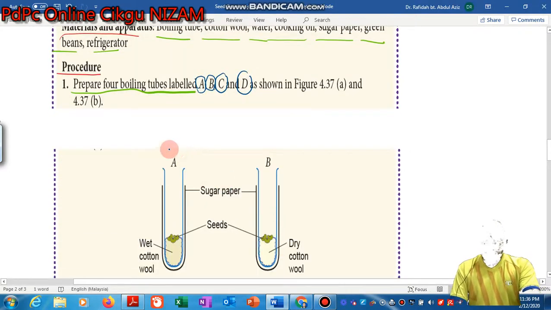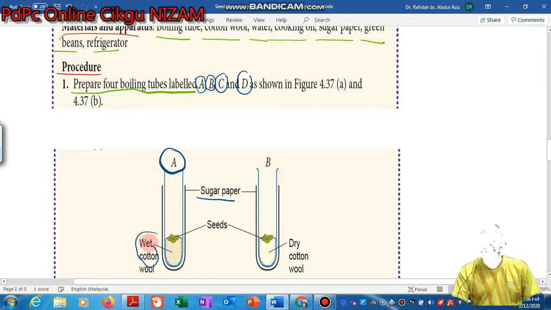So the first one, boiling tube A. Okay, what is the condition for this boiling tube? All the boiling tubes will be covered with sugar pepper. Okay, this sugar pepper is black in color. And then we put wet cotton wool here, and then we put seed on top of that.